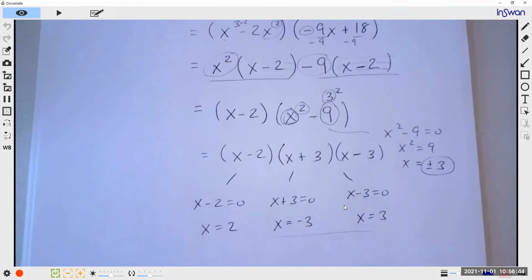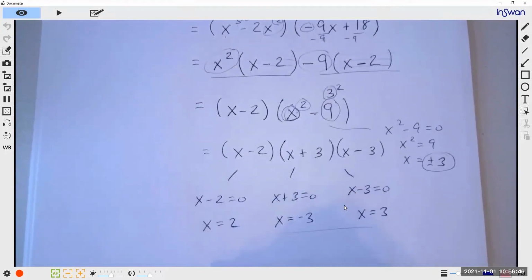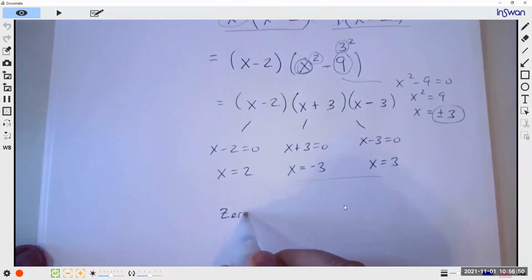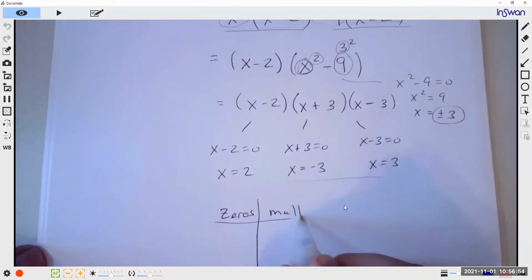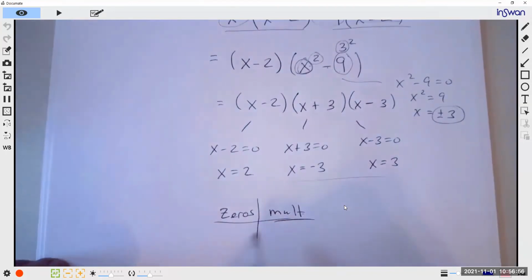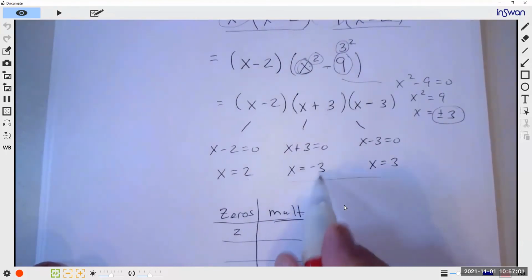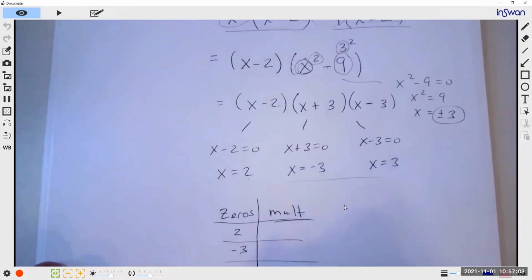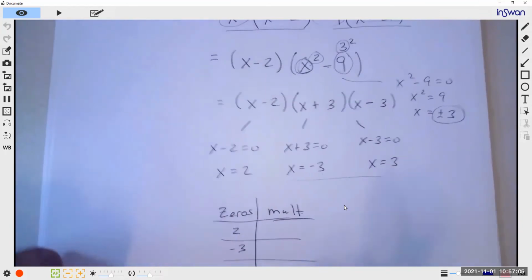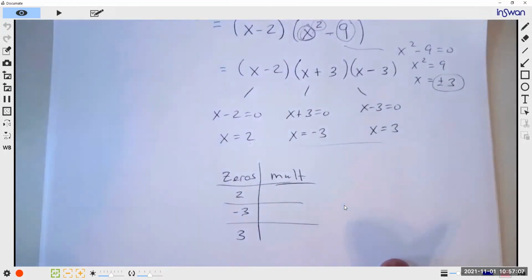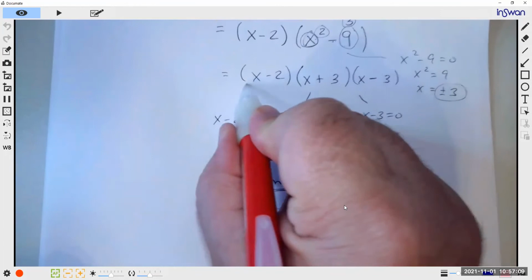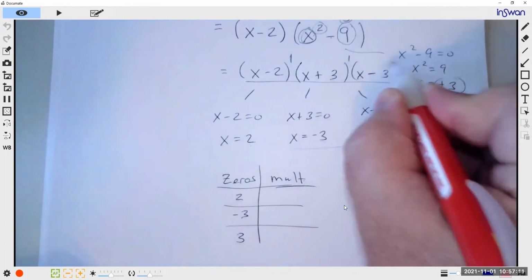So those are our solutions, our zeros. The multiplicities. We have a 2, we have a negative 3, and we have a positive 3. The multiplicities are 1, 1, and 1.